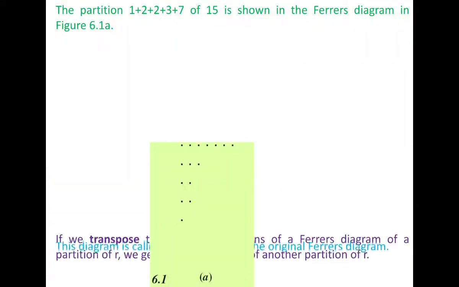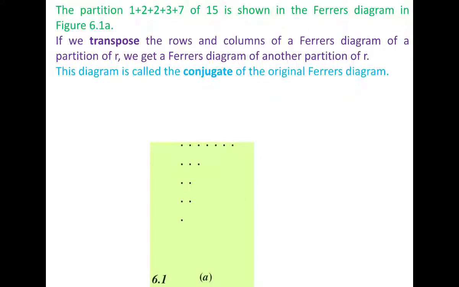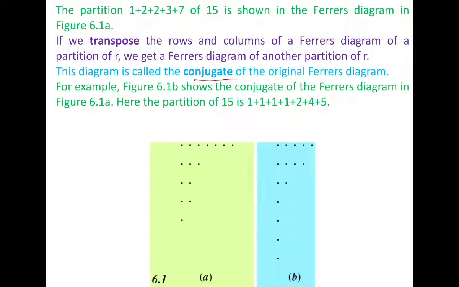So this is a partition of 15, and if we define its transpose, which is known as the conjugate of the given diagram, where we interchange the rows and the columns, then this is the transpose. You can see that here it is a partition where the largest is 7, with parts 3, 5 and 7, and it gets transformed into a partition with 7 terms, 5 4 2 1 1 1 1.